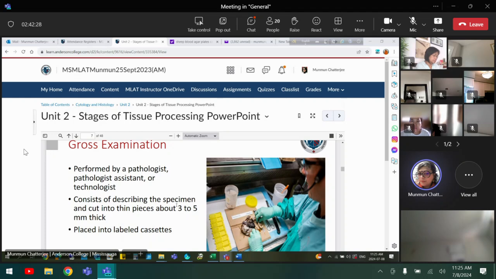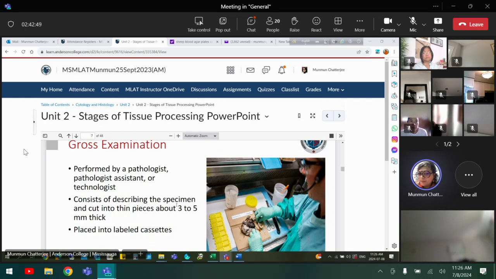Grossing means general looking or observation of the specimen, to describe where the specimen is coming from, the color, all the physical properties, and along with the patient information, you have to note it down.